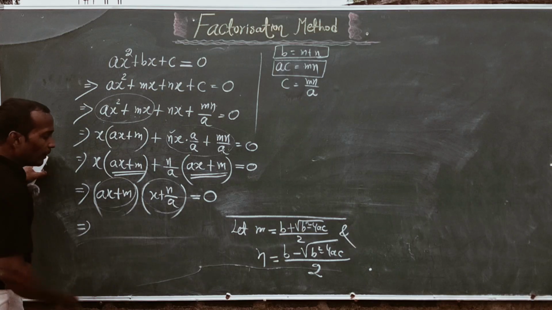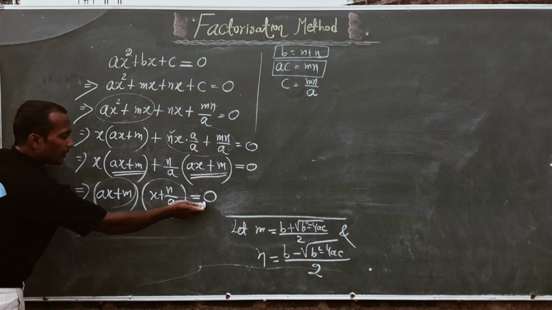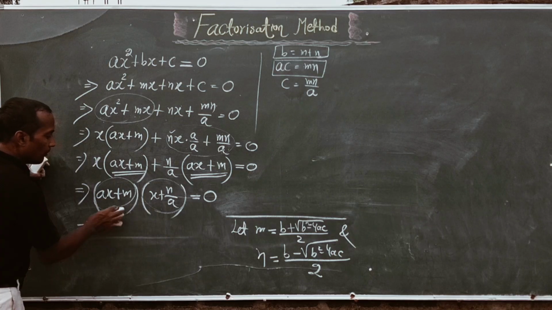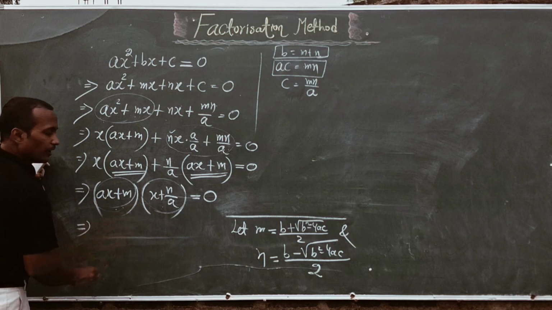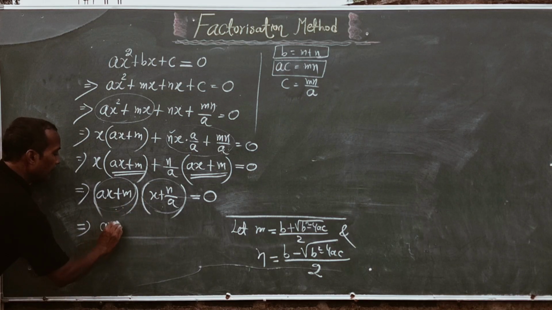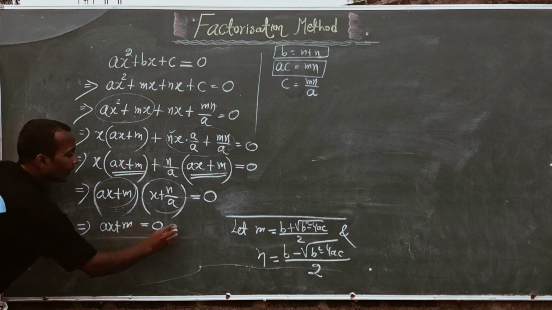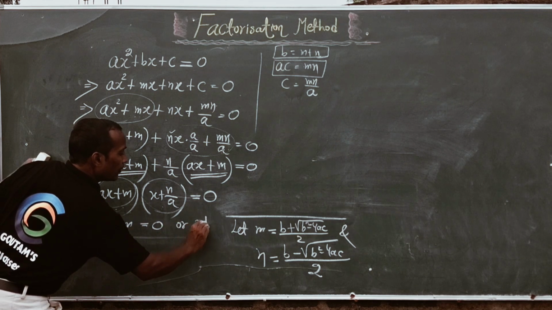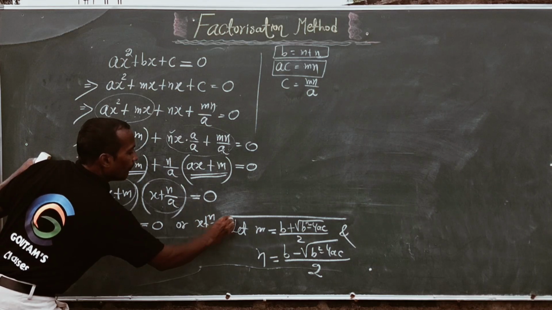Now, we know that when two things are multiplied and the product is 0, then either the first polynomial is 0, or the second one is 0. So, ax plus m is 0, or x plus n by a is 0.